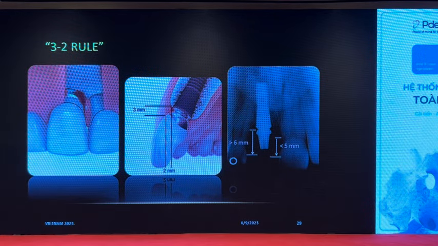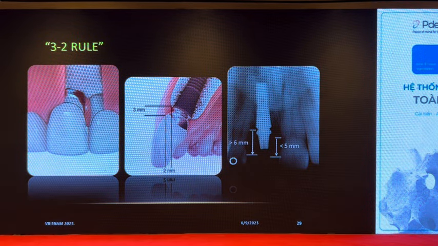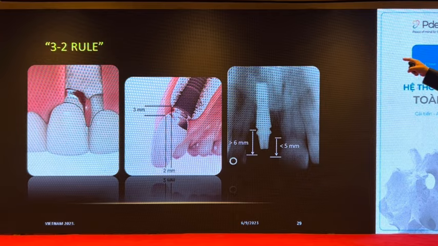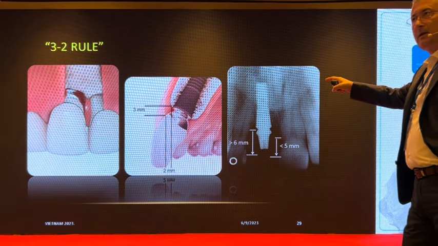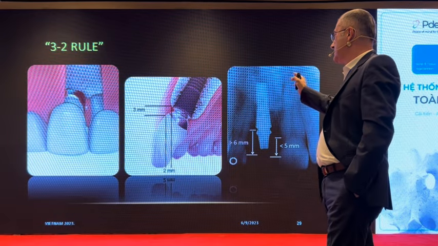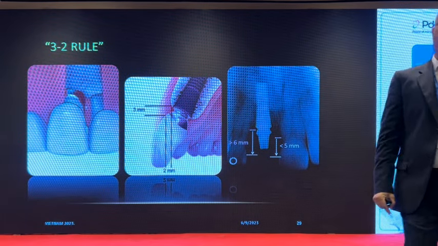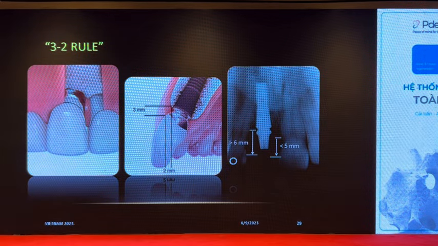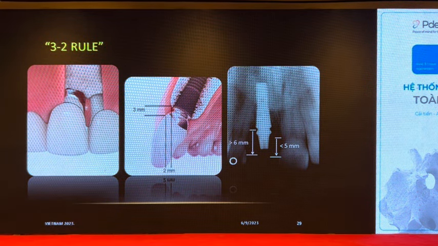What are the 3-2 rules? We need to put the implant in ideal position and have this distance from the zenith, 3 millimeters to the palatal position and 2 millimeters in apical position, if you want to reach an ideal aesthetic result.